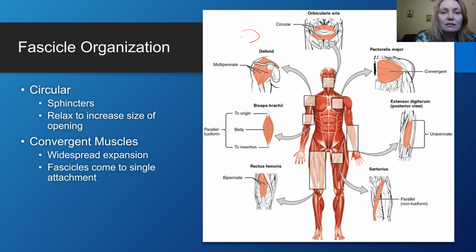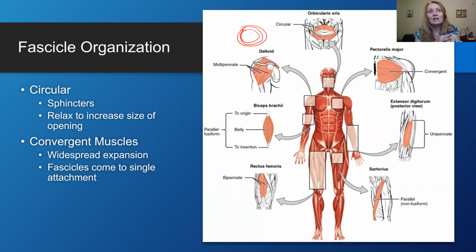And if muscle fascicles are circular, right? So you can predict what kind of movement this muscle can produce. So it's in the sphincters, because what is a sphincter? A sphincter is a structure that closes an opening, right?